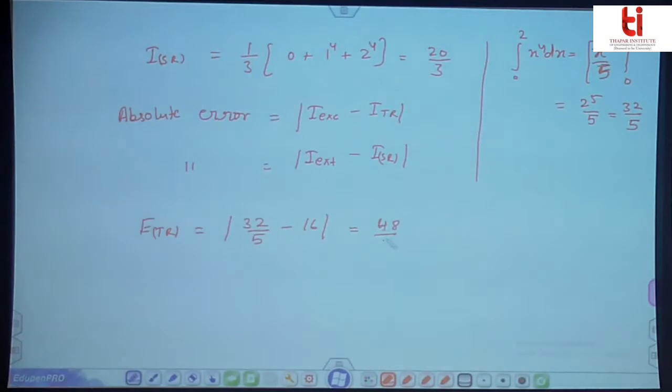Absolute error by Simpson rule is 32 upon 5 minus 20 upon 3, which is 4 upon 15. So these are the errors by the trapezoidal rule and Simpson 1/3 rule. If you compare, the Simpson error is less in comparison to the trapezoidal rule. Why, we will discuss later on.